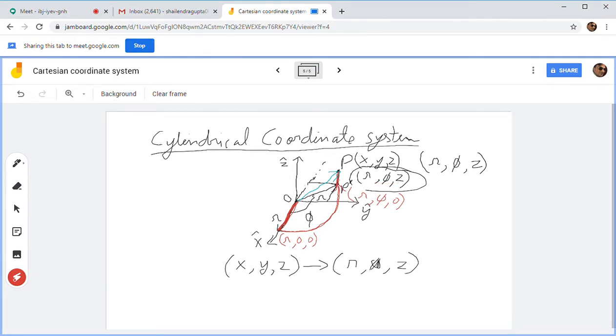So just see. Here it is this R. So how can you define your R using your XYZ coordinates?